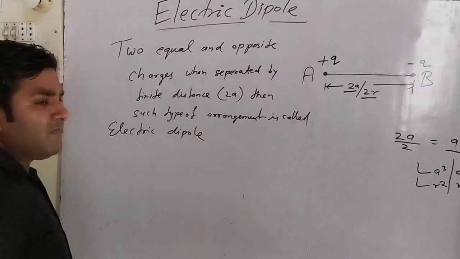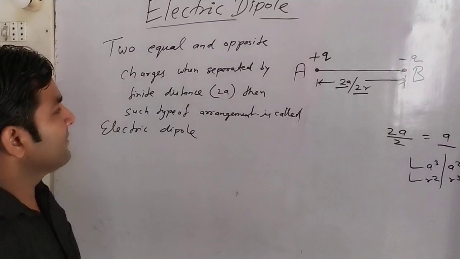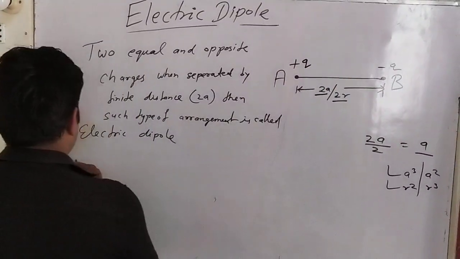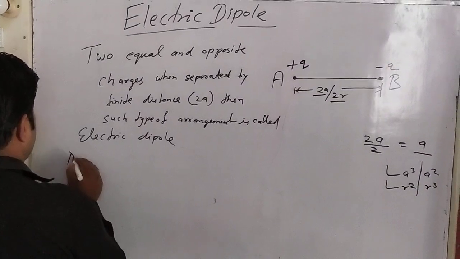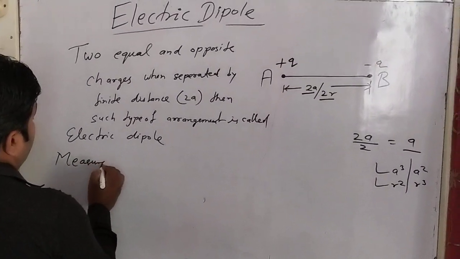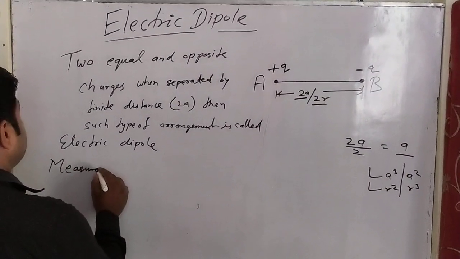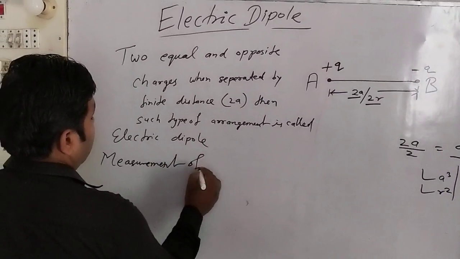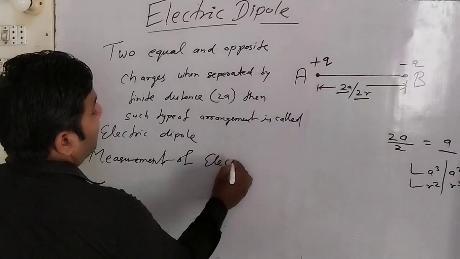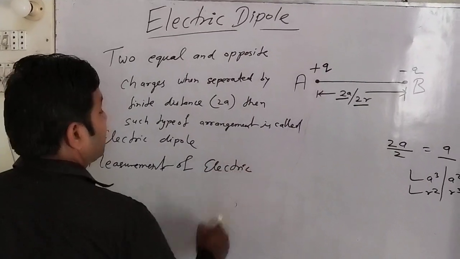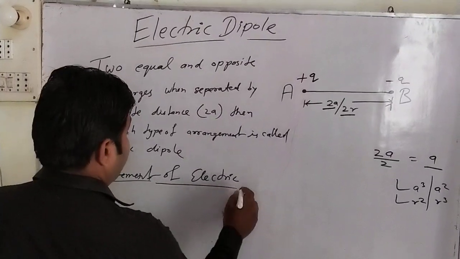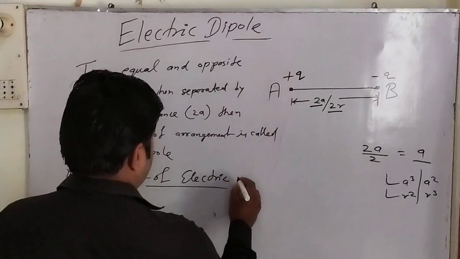And here is the measurement of electric dipole, that is, how the electric dipole is measured. Very simple concept. Whenever the charge and the distance are given, we measure the electric dipole moment.